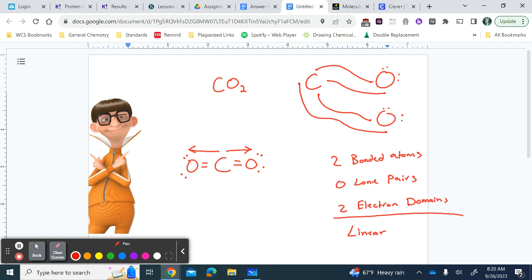When we have pulling in both directions like this, we have to figure out how strong the pulling is. The bond between carbon and oxygen has the same electronegativity difference as the bond between this carbon and oxygen. If we have equal pulling in both directions, then we have equal sharing of electrons. And this would be considered a nonpolar molecule.